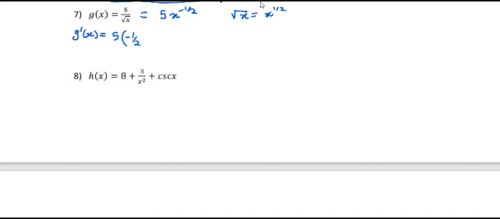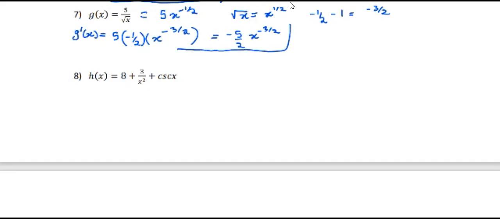And then you have an x, and then you have to do negative half minus 1, which, if you do this calculation, is going to be negative 3 over 2. So this is x to the power negative 3 over 2, and this is just equal to negative 5 over 2 times x to the negative 3 over 2. Okay, so this is one correct answer.